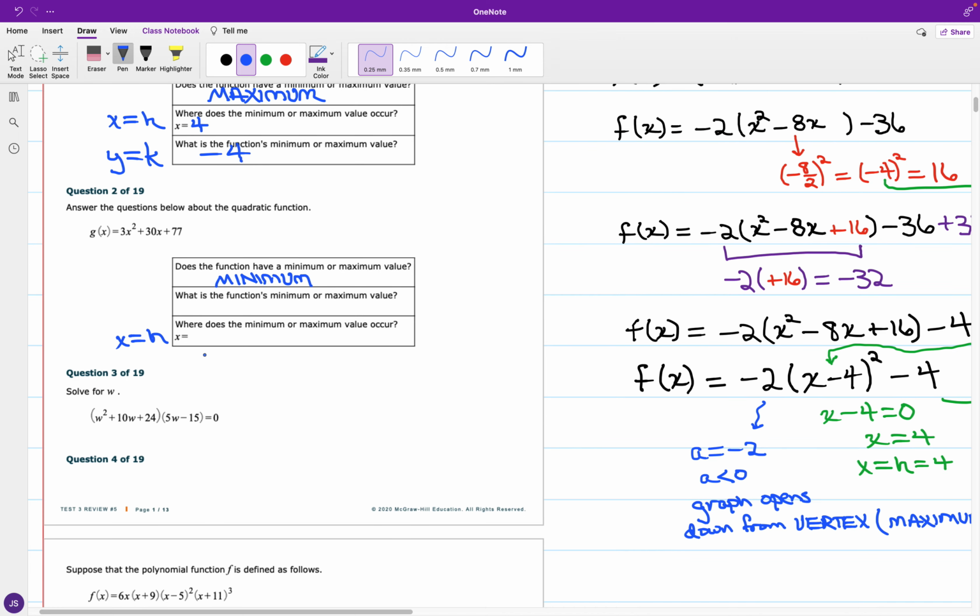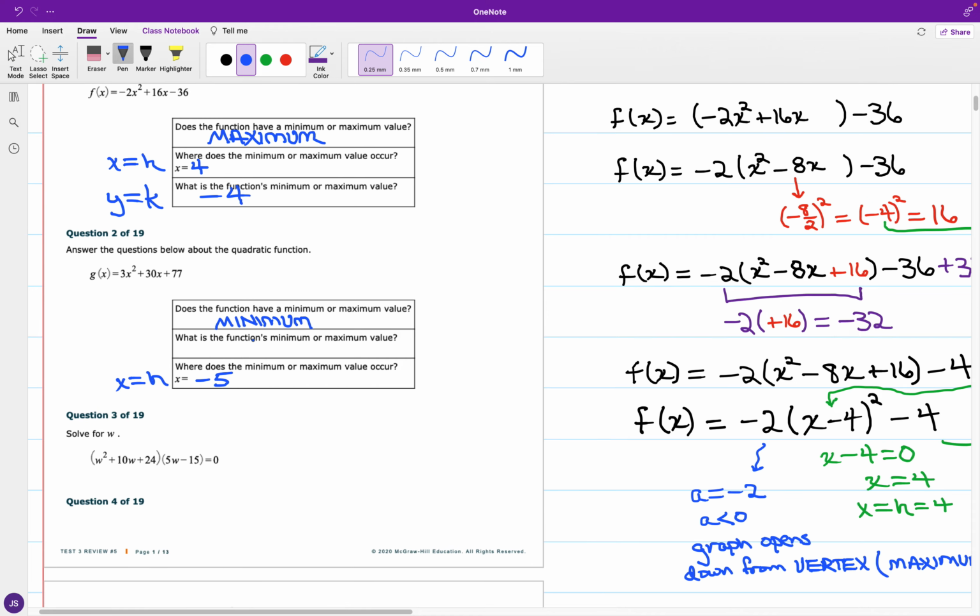And for the function's minimum value, that was the k value, so y is equal to k, and that was 2. All the other y values on the graph of this function will be higher than 2.